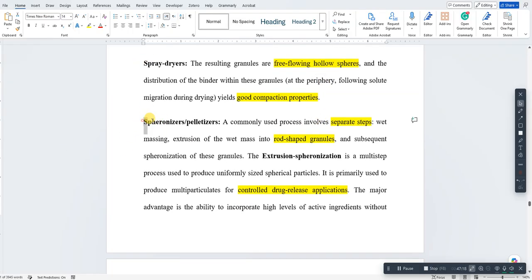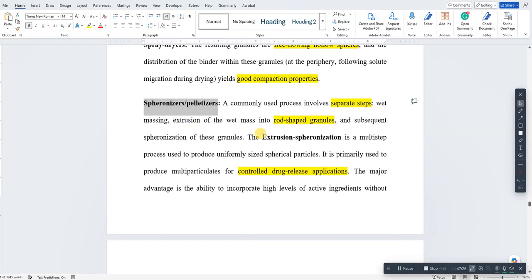We have a special type of equipment called spheronizers or pelletizers. How is this done? It's done by extrusion and spheronization equipment. So one way is first extrusion and then spheronization.